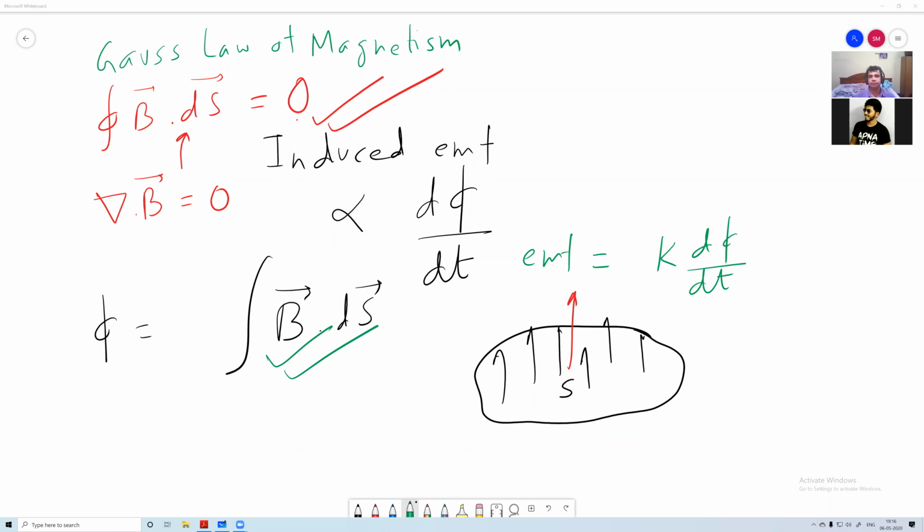Exactly. The induced EMF opposes the cause. So what is the cause? The cause is the change of magnetic flux. So the induced EMF will oppose the change of magnetic flux. So what is K?